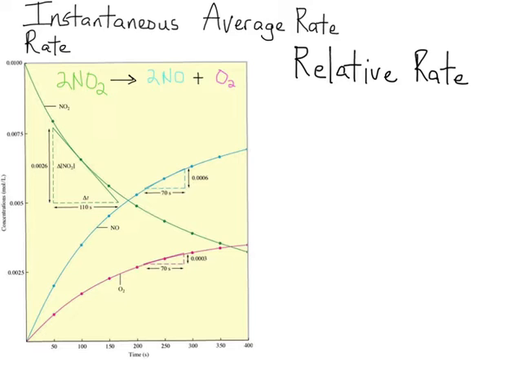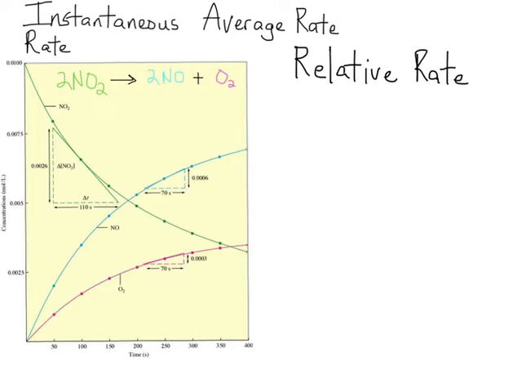So, for example, if I know how fast this reaction is with respect to the NO2 decomposing, going away, I might want to be able to turn that into rate information for how fast the NO is forming, or how fast the O2 is forming. And you can see the relative rate information in the relative shapes and changes of our curves here in the diagram on the left, in our concentration versus time. So let's take a look at this.